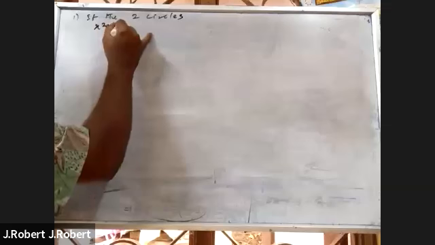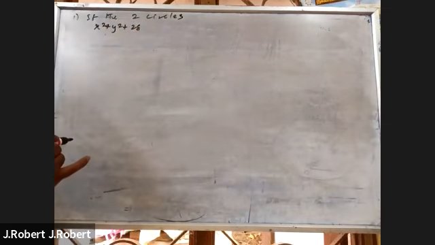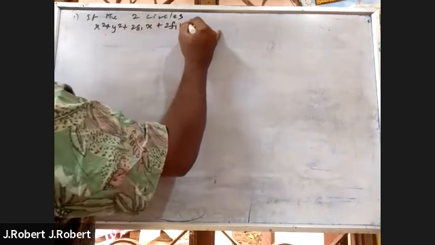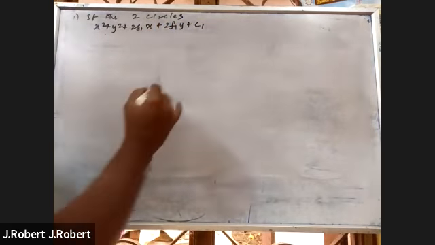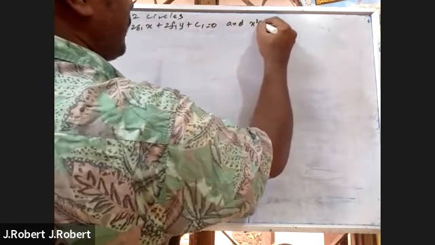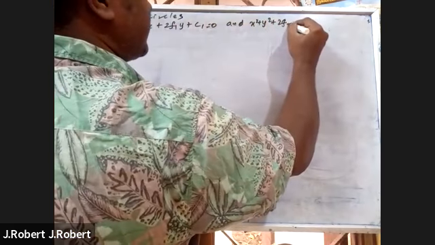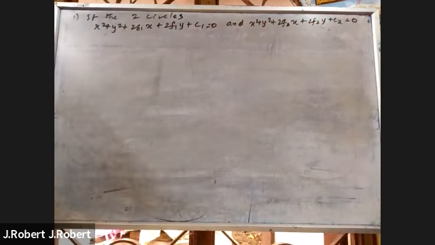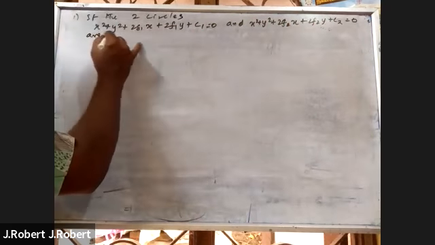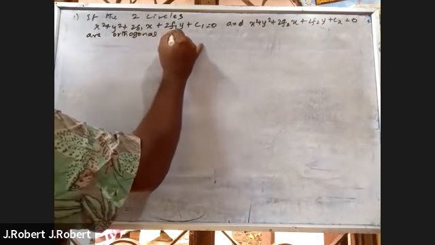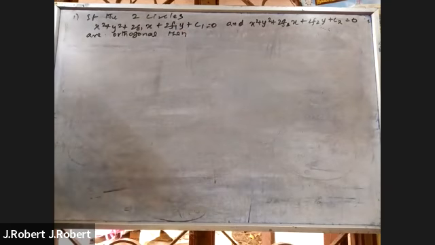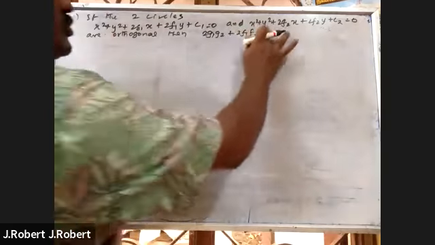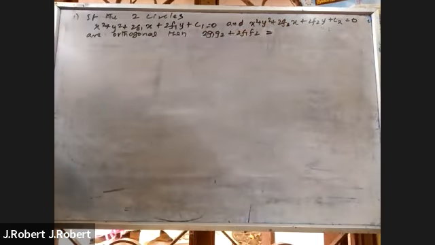x square plus y square plus 2g1x plus 2f1y plus c1 equal to 0, and x square plus y square plus 2g2x plus 2f2y plus c2 equal to 0 are orthogonal, then 2g1 g2 plus 2f1 f2 is equal to c1 plus c2.